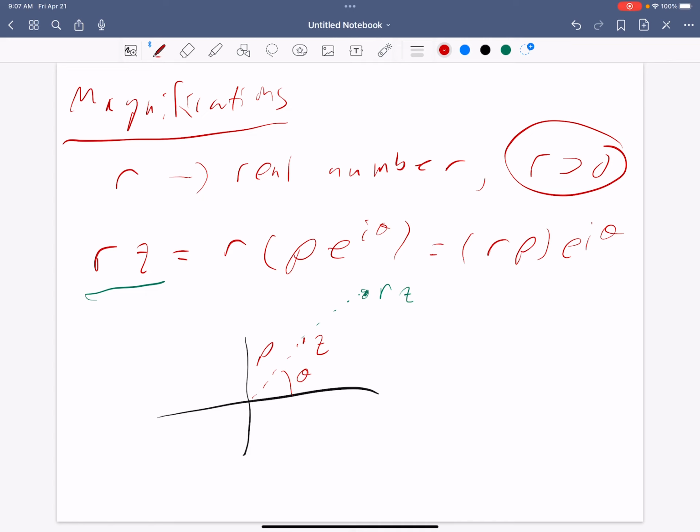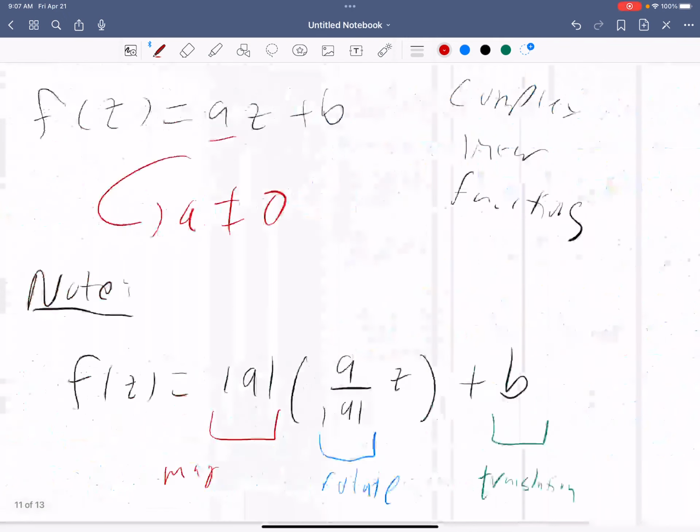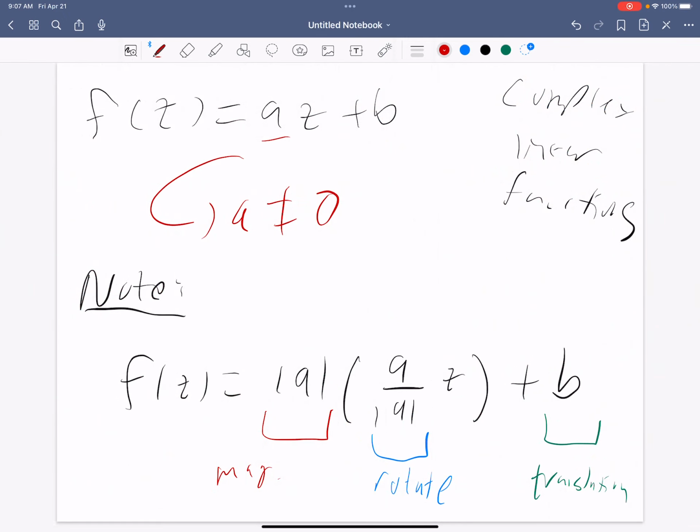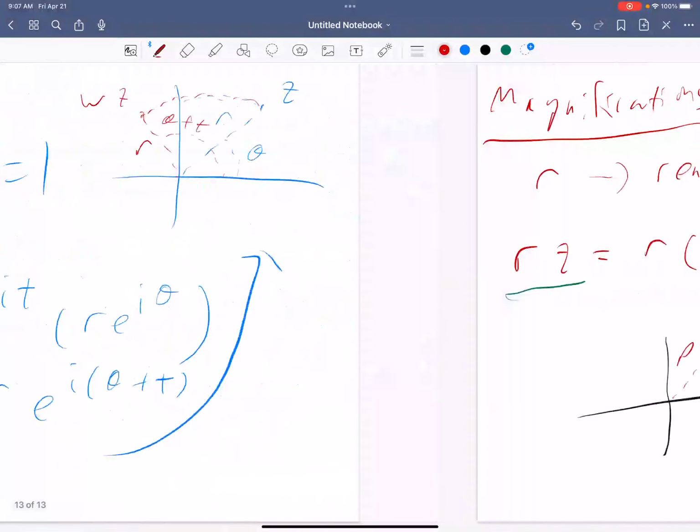Beautiful. All right. And finally, so we've justified the rotation part and the magnification part. Now let's justify the translation part.